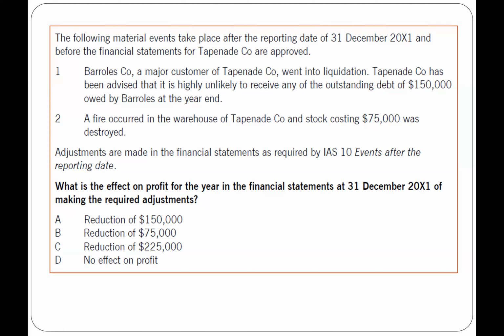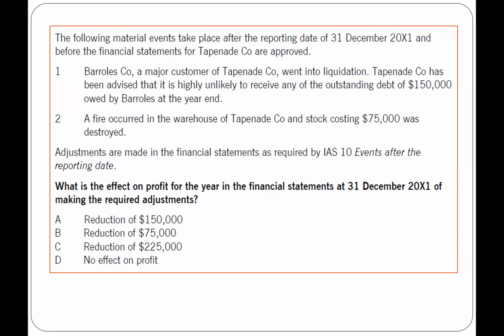We just didn't know about it, which means we need to go back and then debit irrecoverable debts by 150,000 and credit our receivables by 150,000. Our question is talking about the effect on profit, which means between the two legs of the transaction, what affects profit is actually the irrecoverable debts of 150,000, which means our profit is going to be reduced by 150,000.